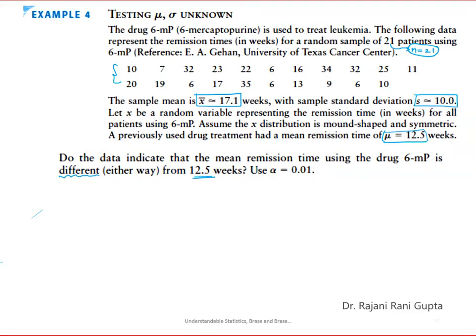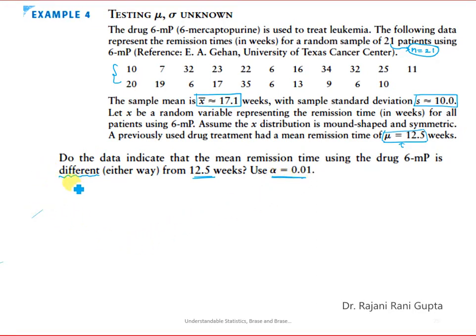So does this data show that the mean time, which was found earlier to be 12.5 weeks, is different or the same? And we have to use alpha, the level of significance, as 0.01.